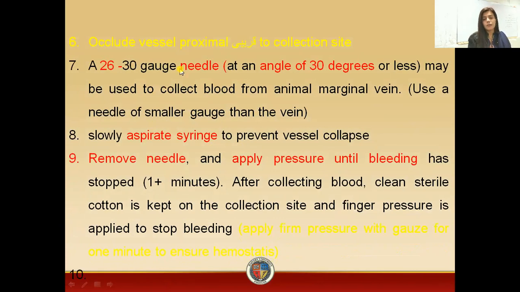Then you will place this syringe at an angle of 30 degrees in order to aspirate or draw the blood from the rabbit's marginal vein. After withdrawing the blood, you will carefully remove the needle and apply pressure over the puncture site. You can use cotton and, with the help of your finger, apply the pressure, or you can use the clipper as well.